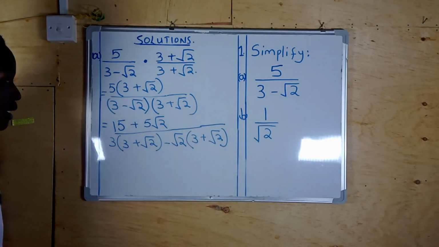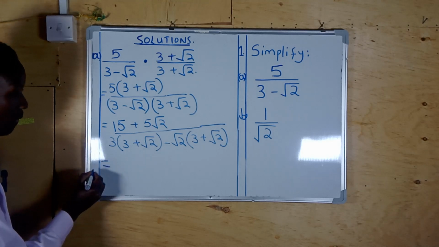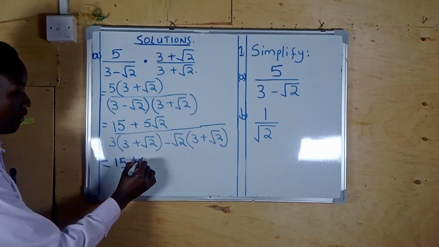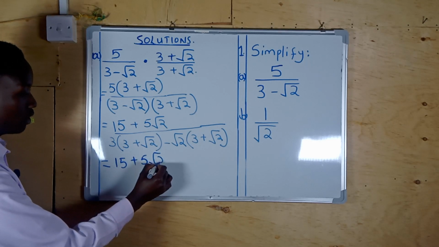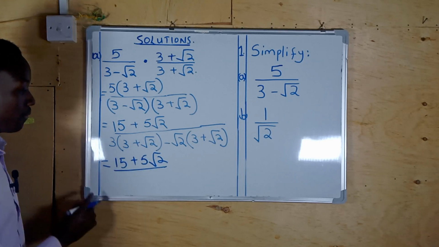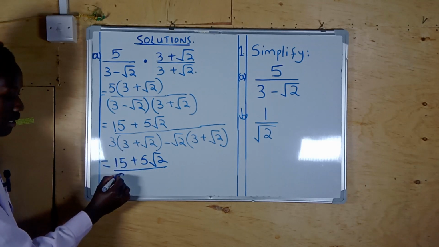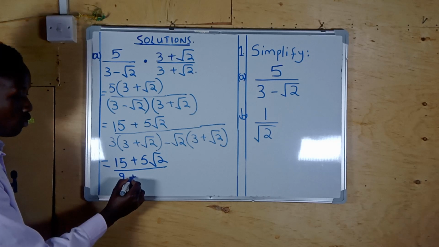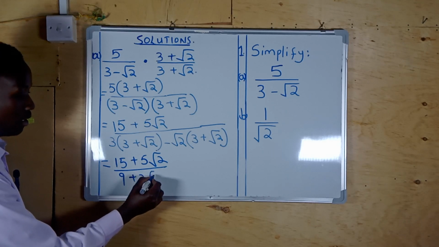And once we do that, we are going to get 15 plus 5 root 2 over 3 multiplied by 3 is equal to 9. 3 times root 2 will be equal to plus 3 root 2.